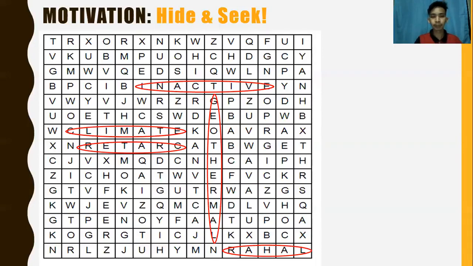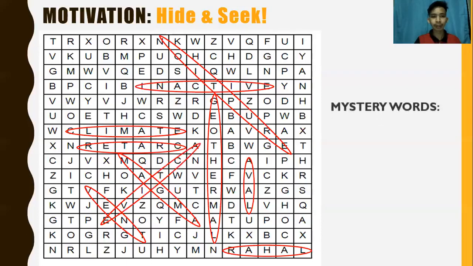We have the word geothermal. Next, we have the word lava. Then, those which are written in diagonal direction, we have the word eruption. Next, magma. We also have vent. For the last one, we have the term active.